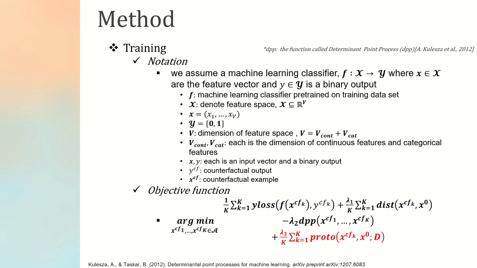And third is the DPP function, which is the determinant point process function. For more details about this function, please refer to the paper below. And last is the prototype function, which I will explain on the next slide.